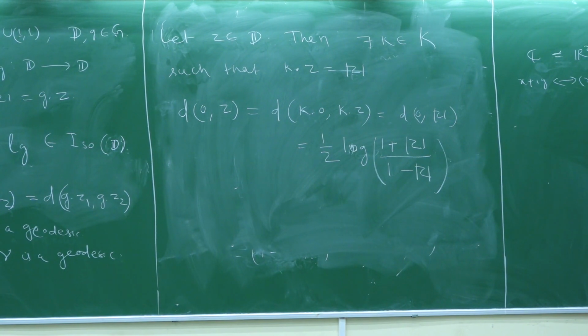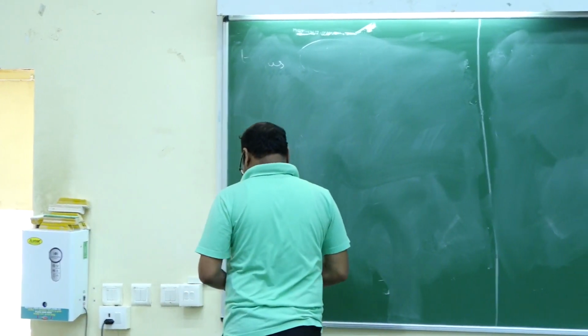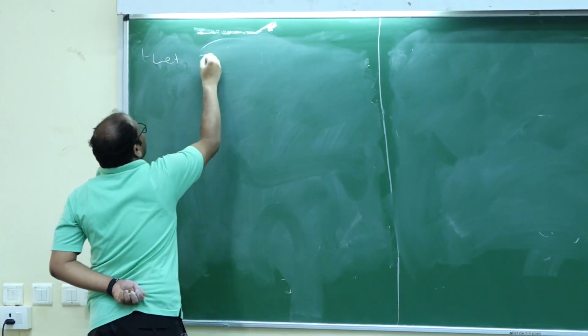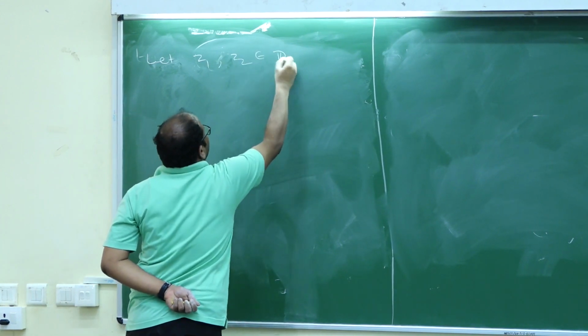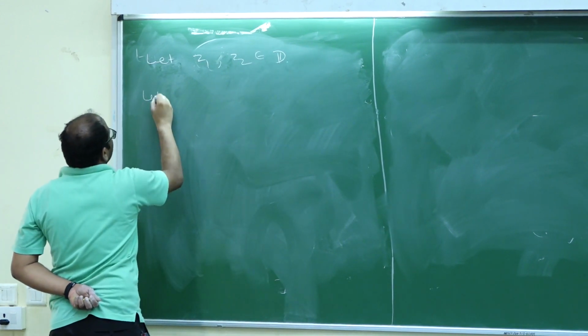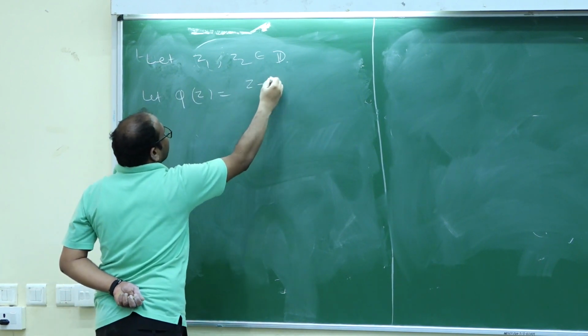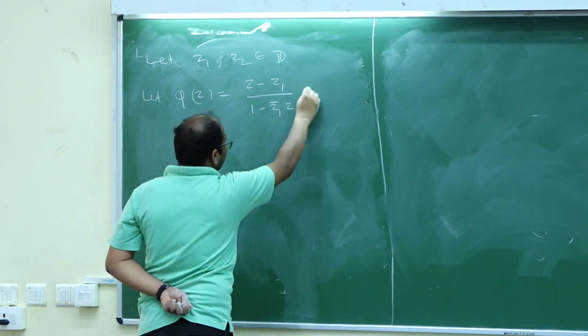Now we want to calculate the distance between any two points Z1 and Z2. So let phi of Z be (Z minus Z1) over (1 minus Z1 bar Z).